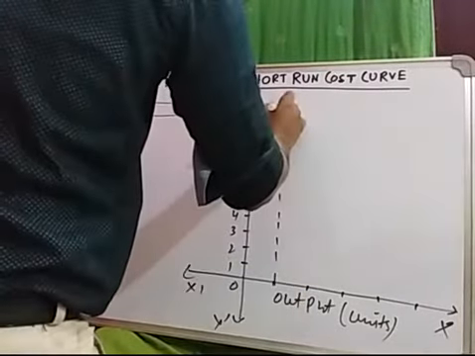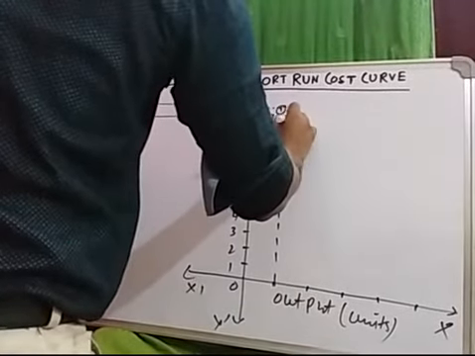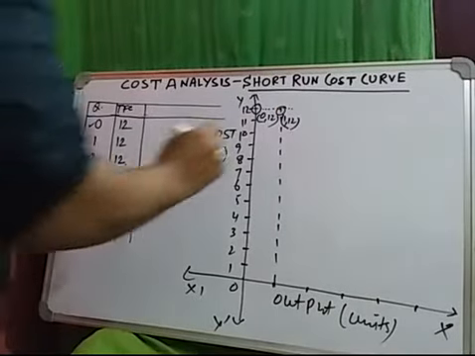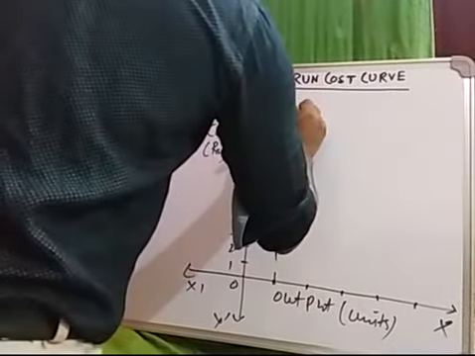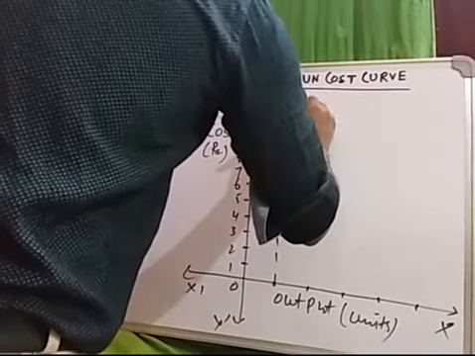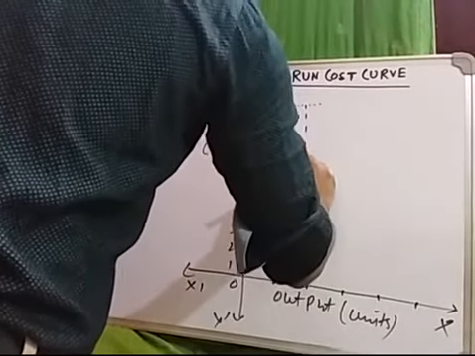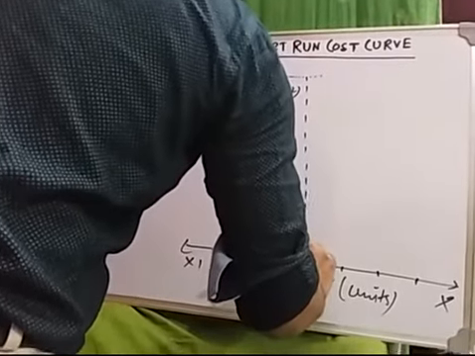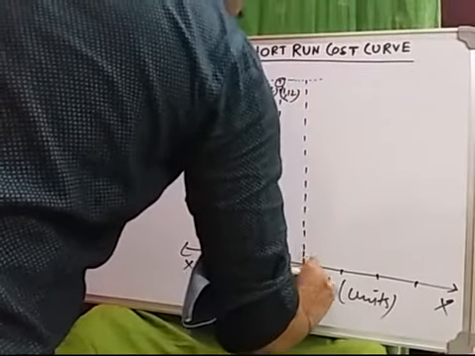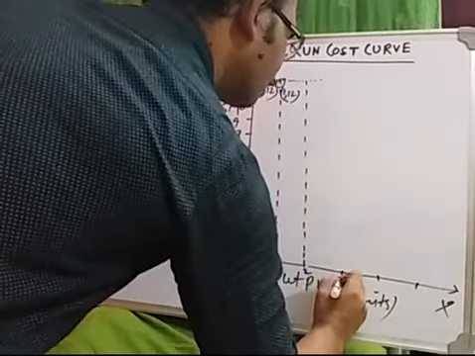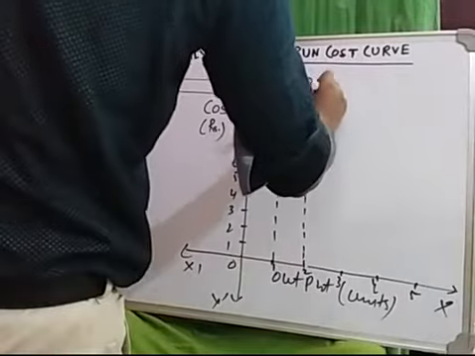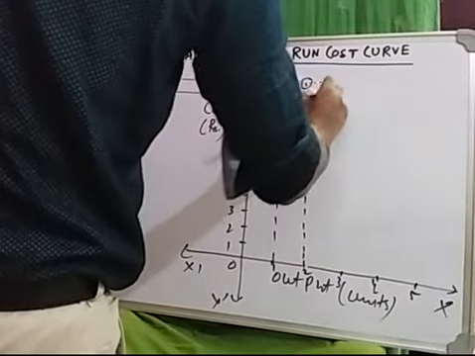So this is 1, 12. The next is 2, 12. So this is the point 2, 12.